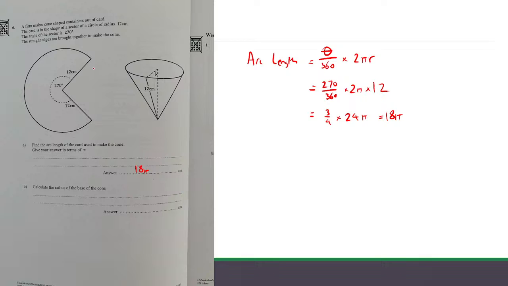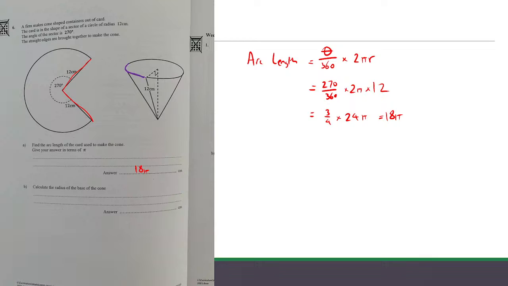That's the length of the arc. Calculate the radius of the base of the cone. So if we join this edge to this edge, we will form this cone shape. Let's use a different color.